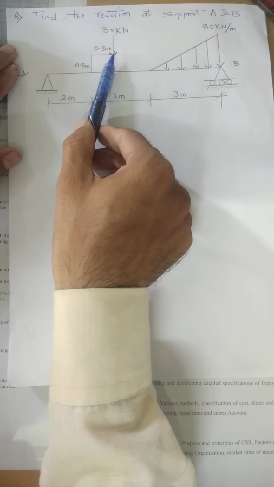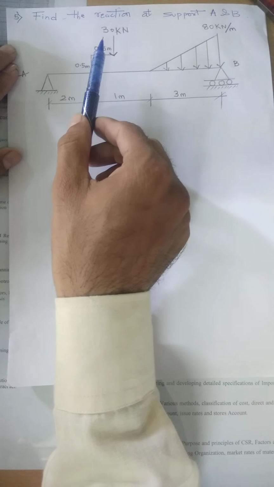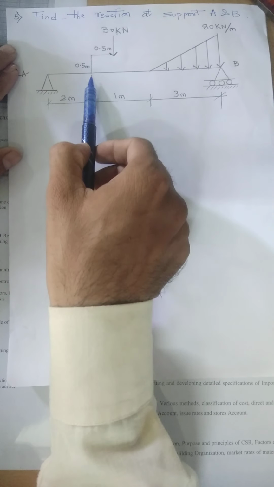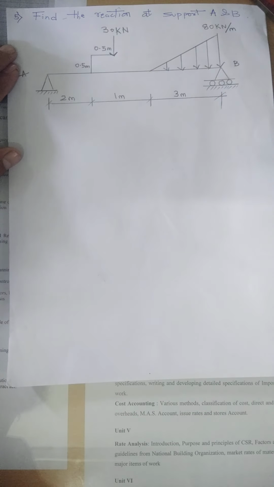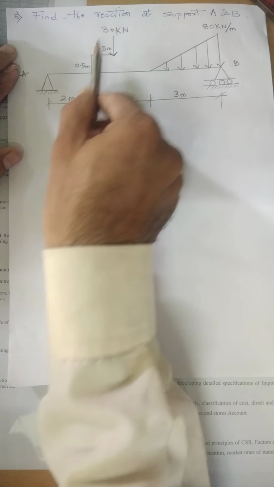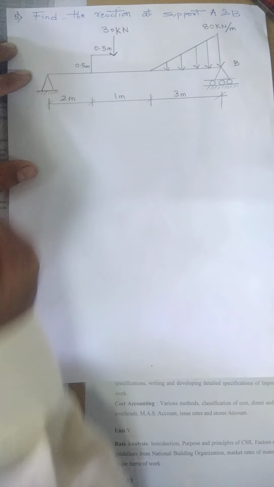In order to convert this 30 Newton into a couple, since it is acting on a bracket, this will form a couple. For simplification, the original figure is this, but we are assuming that this 30 Newton has been balanced by two forces acting at this same point.